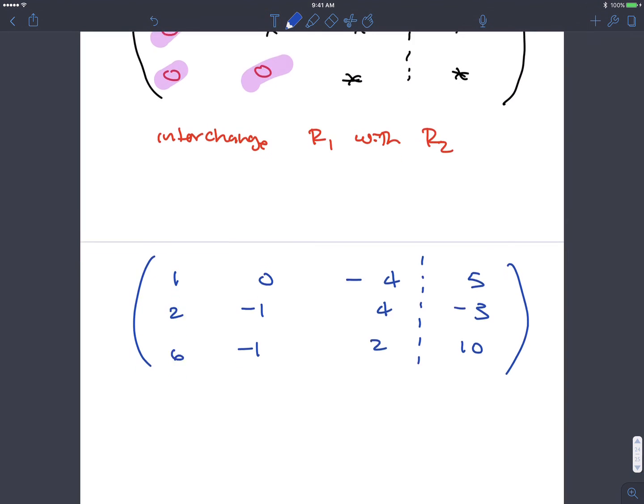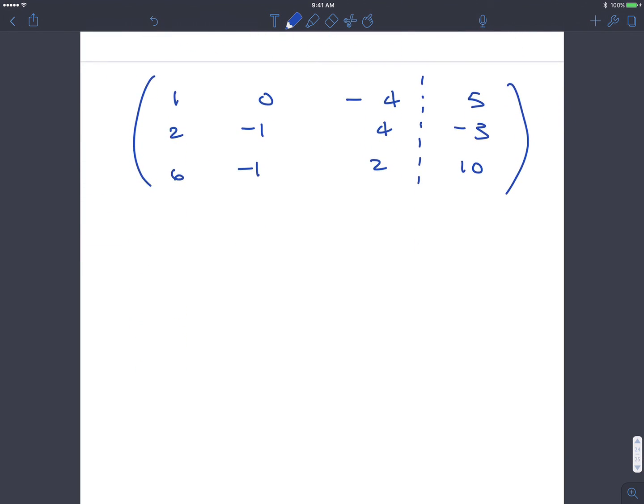All right. Now the reason I did it this way is because, remember the game plan. We want this entry 0 and we want this entry 0. I can actually change two rows at one time.